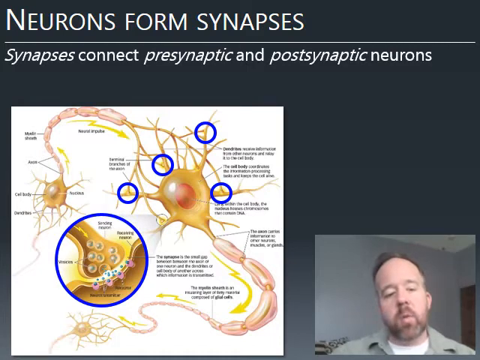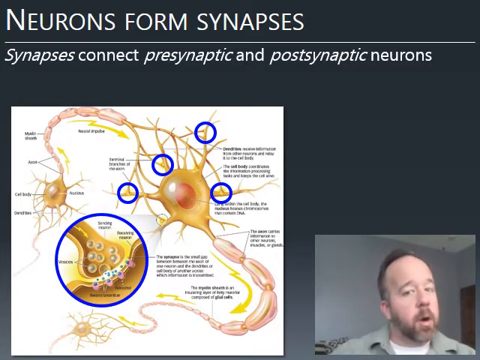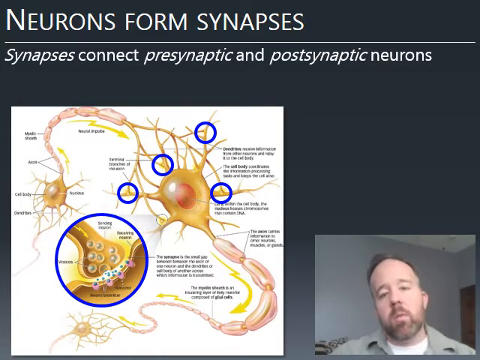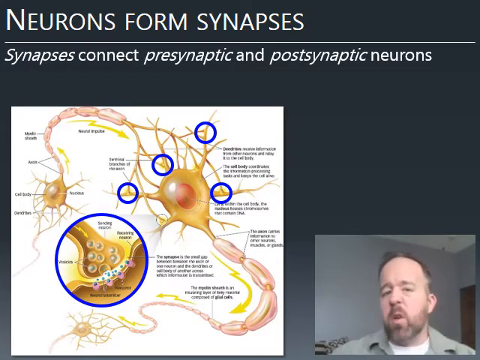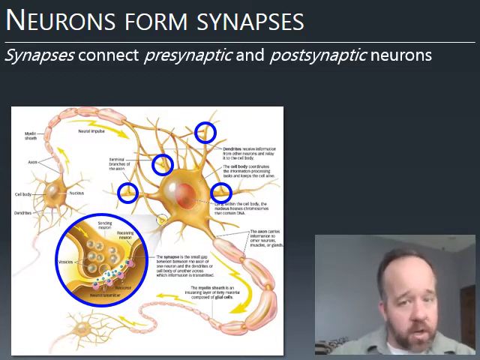And so the presynaptic neuron contains chemicals that, when an electrical signal occurs, the axon terminal will release, and those chemicals will connect to the postsynaptic neuron via what are called receptors. We'll talk more about that in a minute. But the point is there's a little gap between the presynaptic and postsynaptic neuron. That's part of what Ramon y Cajal discovered.